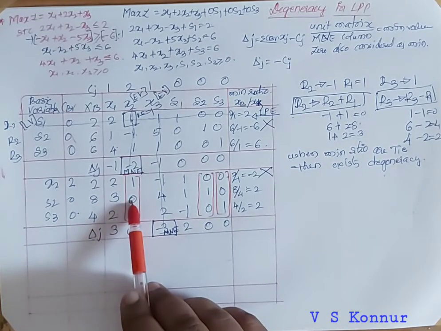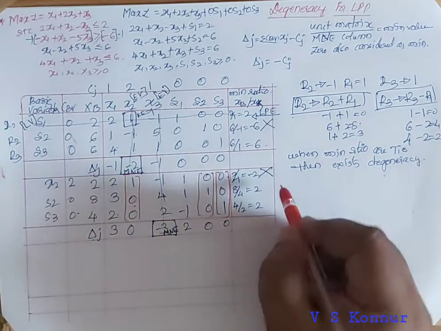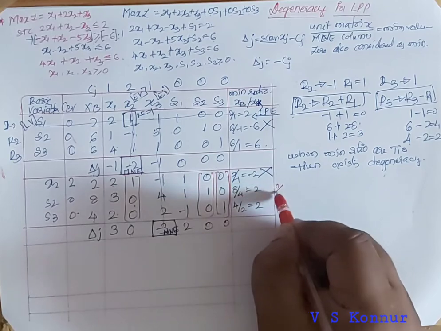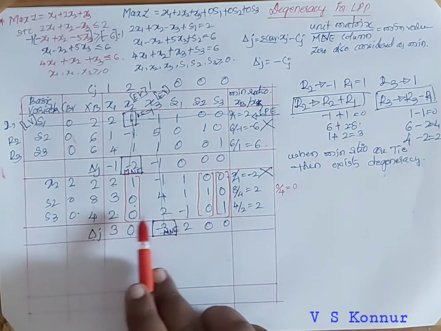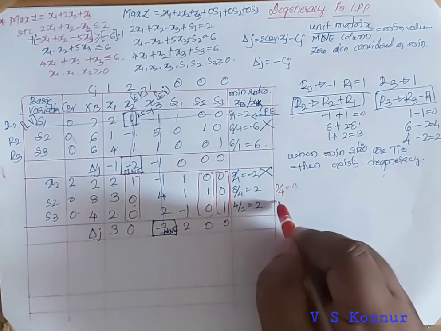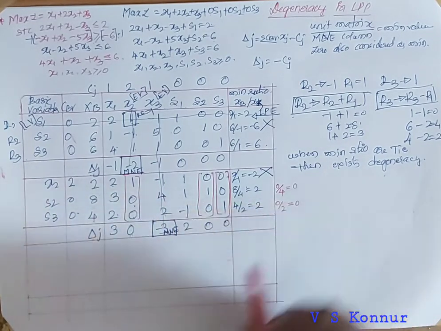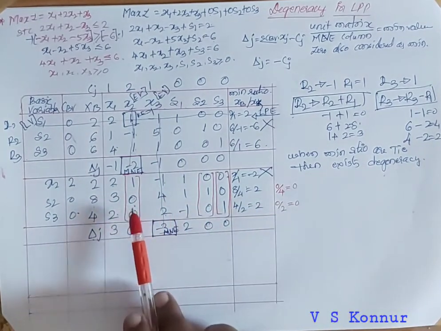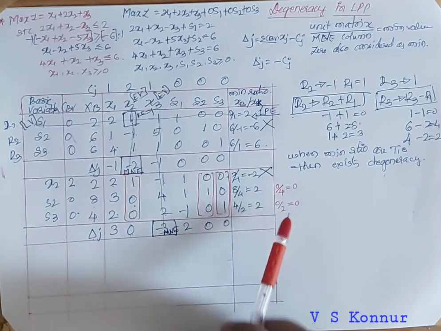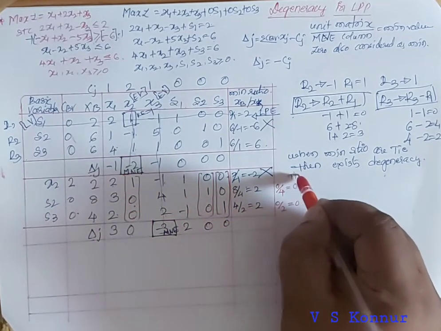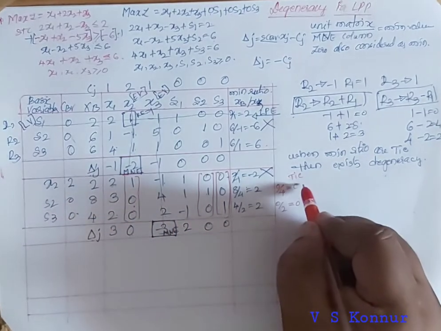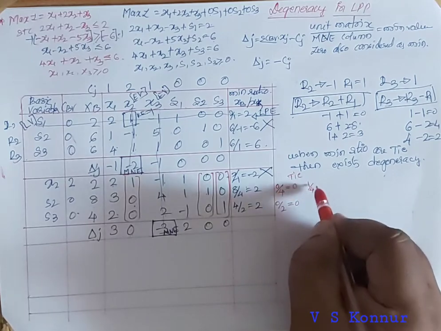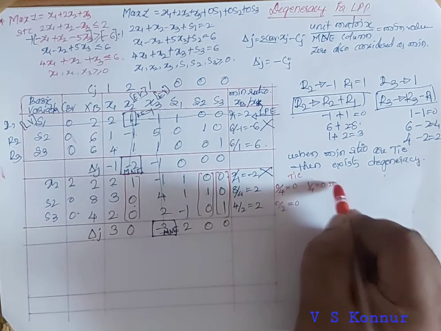So 0 by 4, that is equal to 0. Next 0 by 2. So by considering the first column we got a tie again. Because of that we should move to the next column: 1 by 4, that is equal to 0.25.